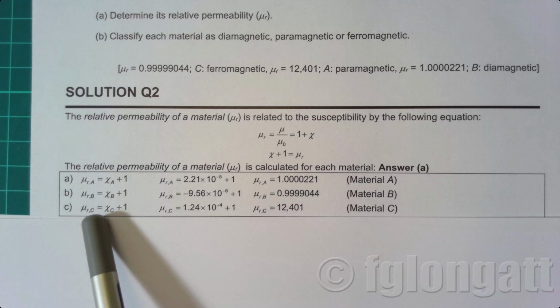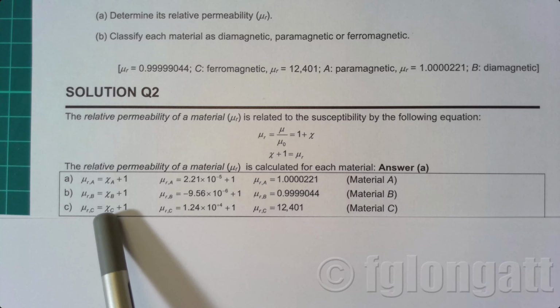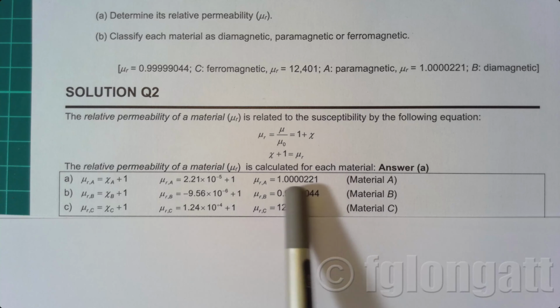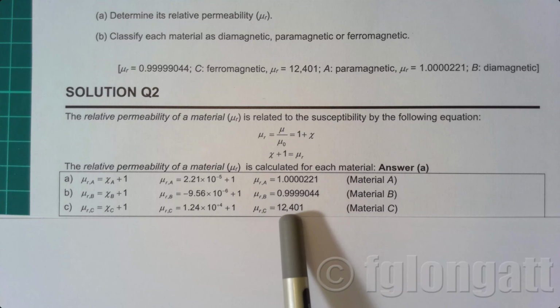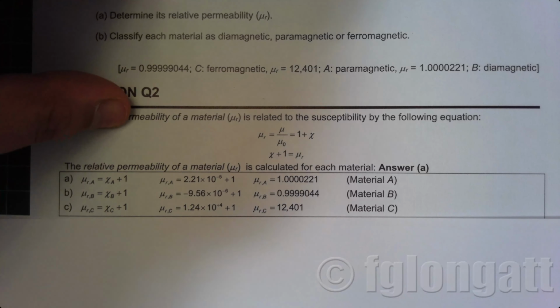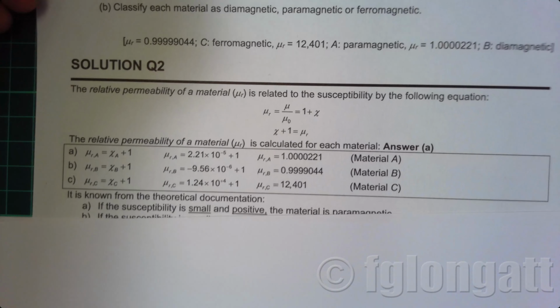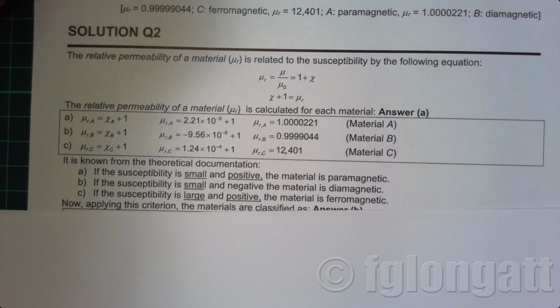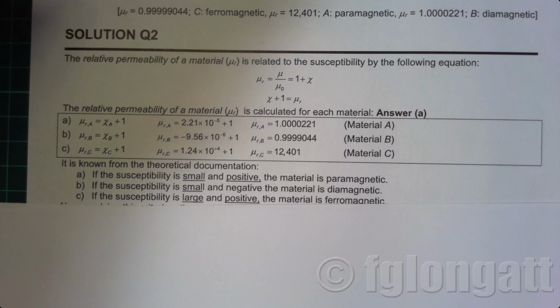Finally, for material C, we obtain the relative permeability as the magnetic susceptibility plus 1. Substituting the number, you can see over here, 12,501.